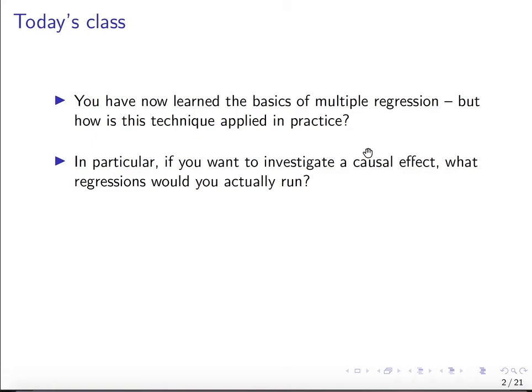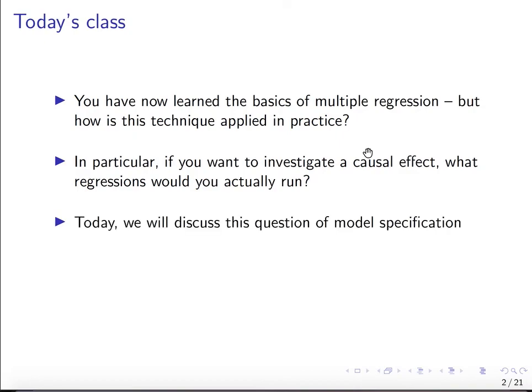It could be schooling on wages, and all the examples we've seen in this course. This is the only thing we really care about, and we introduced other regressors, other variables, only because we were afraid of omitted variable bias.